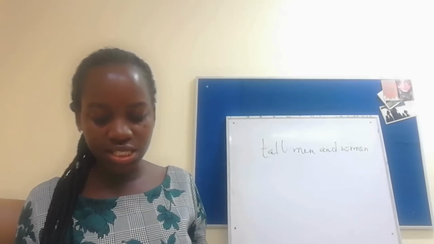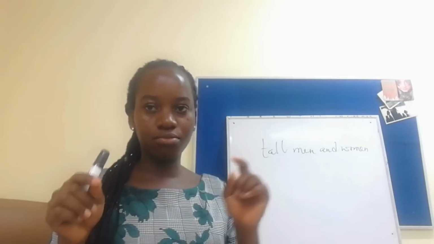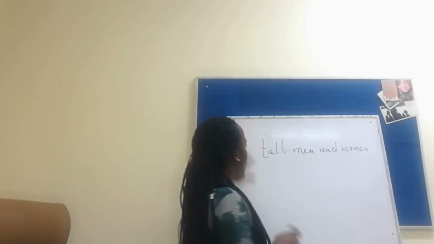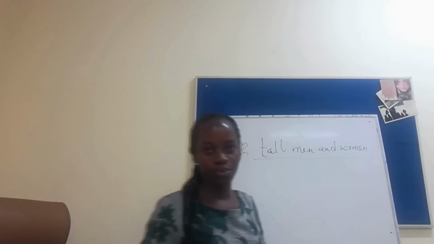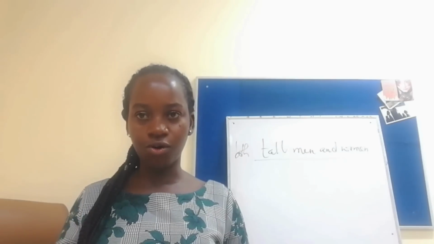It could also be that the security agency enlists both tall men and women, so that both qualify. The other possible interpretation that you can provide as your answer is that the security agency enlists tall men and tall women.